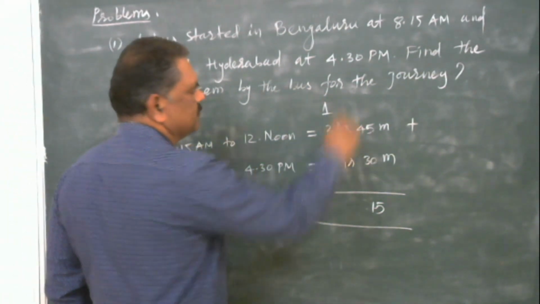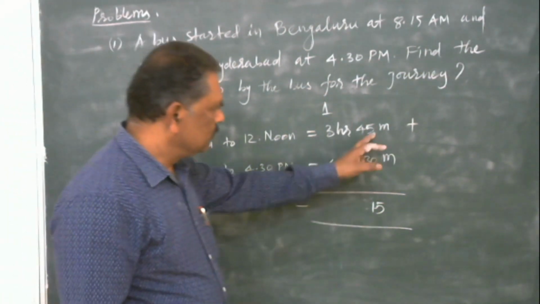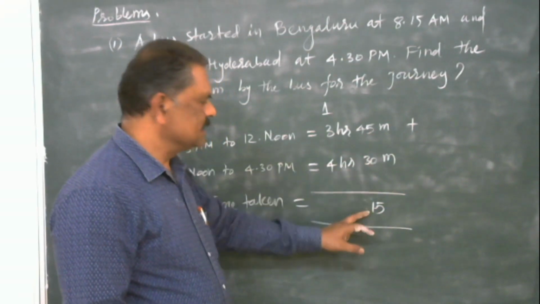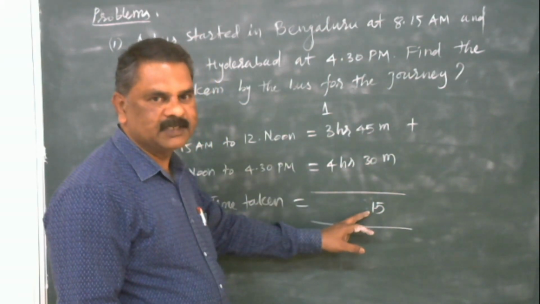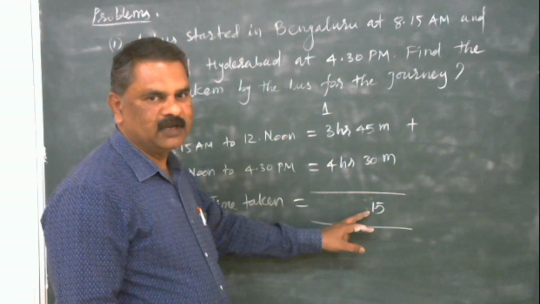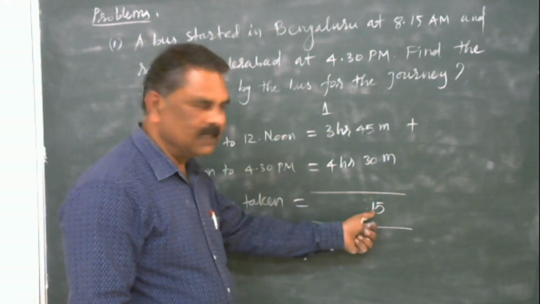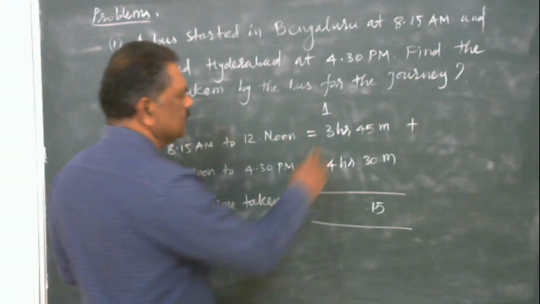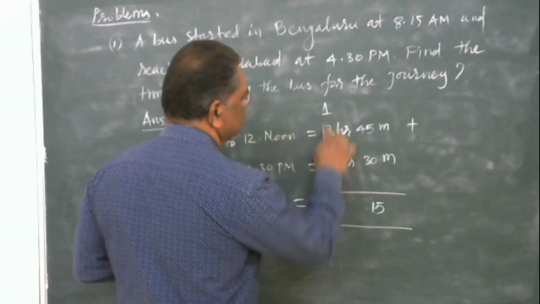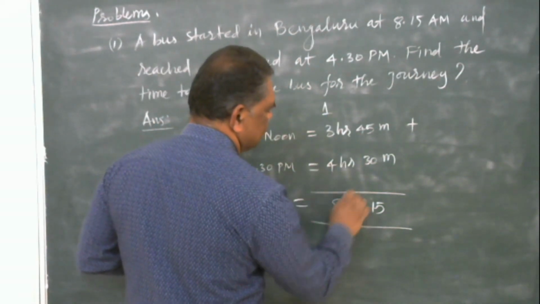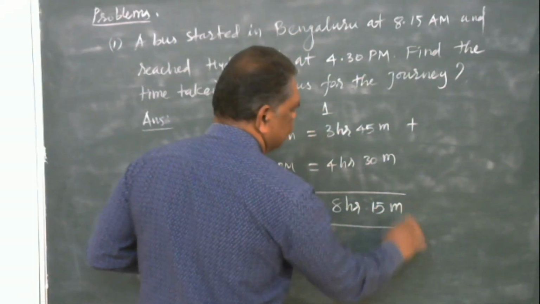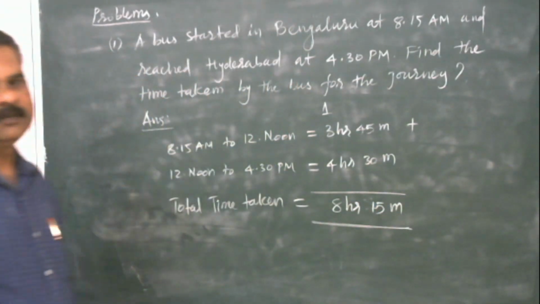Once again, 5 minutes, 4 plus 3, 70 minutes. 60 minutes is 1 hour. So what is remaining is 10 minutes. So I will put 10 here and 1 hour I will carry. So totally how many hours? 3 plus 4, 7 plus 1. So 8 hours 15 minutes is the total time taken.